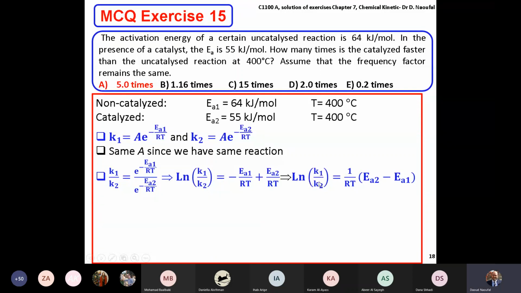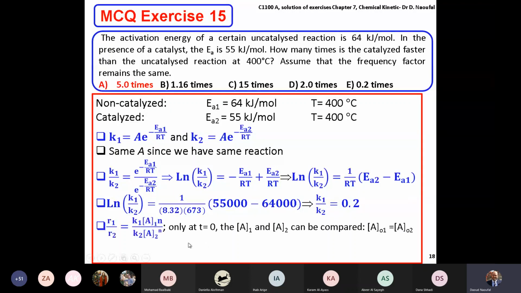That means ln K1 over K2 equals 1 over RT times (Ea2 minus Ea1). Ea2 is given, Ea1 is given, R is given, the temperature is given, so we can compare the rate constants K1 and K2. So K1 divided by K2 is equal to 0.2, or K2 divided by K1 equals 1 over 0.2. So K2 divided by K1 equals 5.